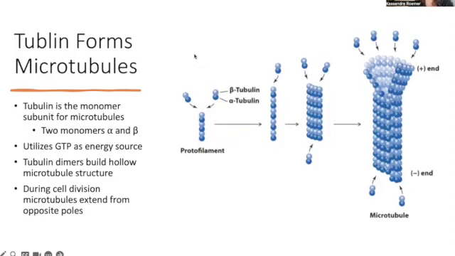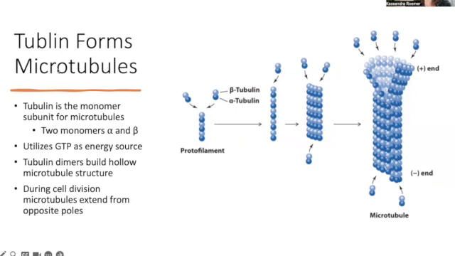Next, we have microtubules, which are also made up of small globular protein structure subunits. And in comparison to actin, they are 3 times thicker and much more rigid than actin itself. So microtubules are formed via tubulin. So it is the subunit for the microtubules.